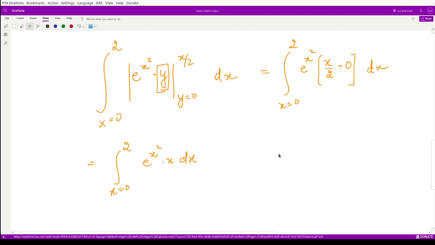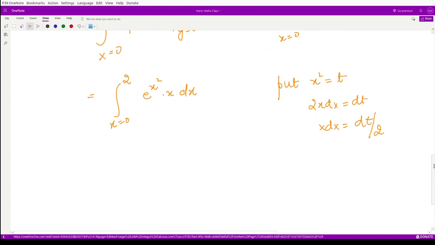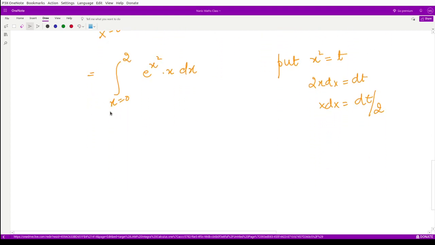Now in order to solve this integration, we'll substitute x square as equal to t. Therefore 2x dx would become equal to dt, or x dx would become equal to dt by 2. So that means we also require to calculate the change in limits, because here we have converted our variable x to the variable t.